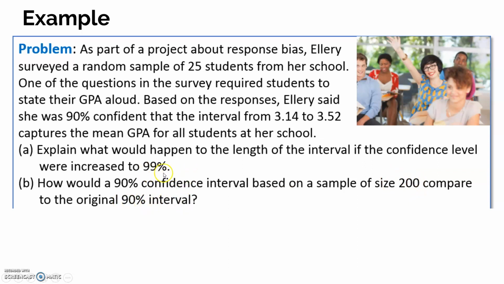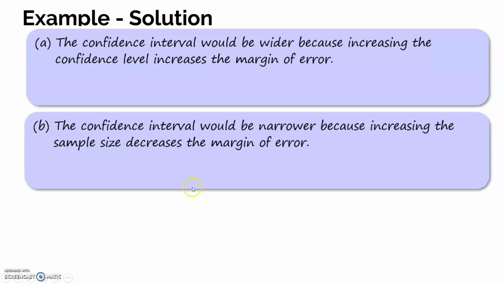In part A, we're going to look at what happens when we up our confidence level, and then we're going to look at what happens when we up our sample size. For part A, the confidence interval will be wider because increasing the confidence level increases margin of error. So when you increase the C level, you get a wider interval and your margin of error goes up.